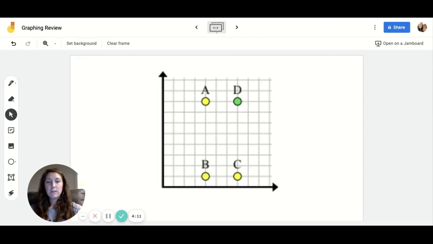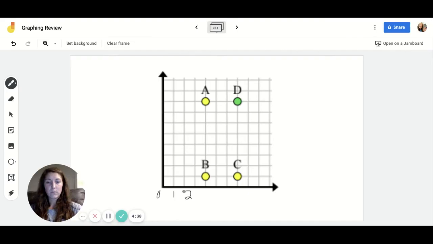When I look at this, I would know that the point would have to be across from A and across from C. But the tricky part is that there's no numbers down here to tell us where the point is. So sometimes you may have to use your inferencing skills that you talk about during ELA class to infer what number would be there.